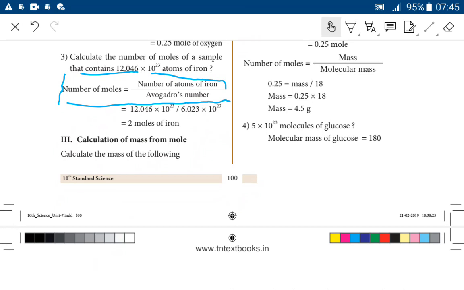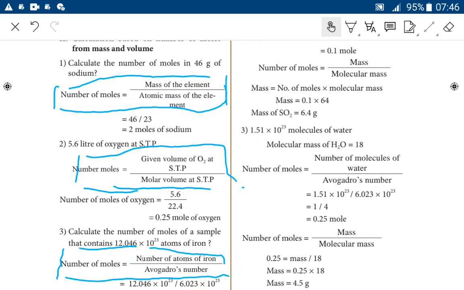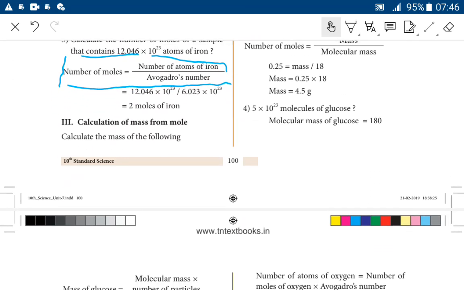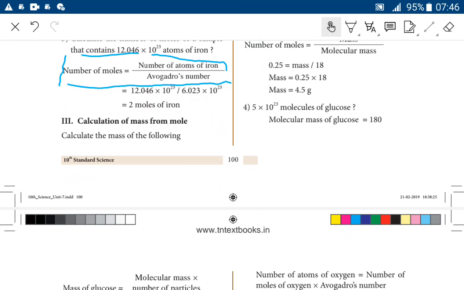Next, how to calculate mass from the mole. Already we calculated mole from the mass. When mass is given, how to calculate mole we learned, that formula is mass by atomic mass. Now in the next topic, how to calculate mass from the given mole.